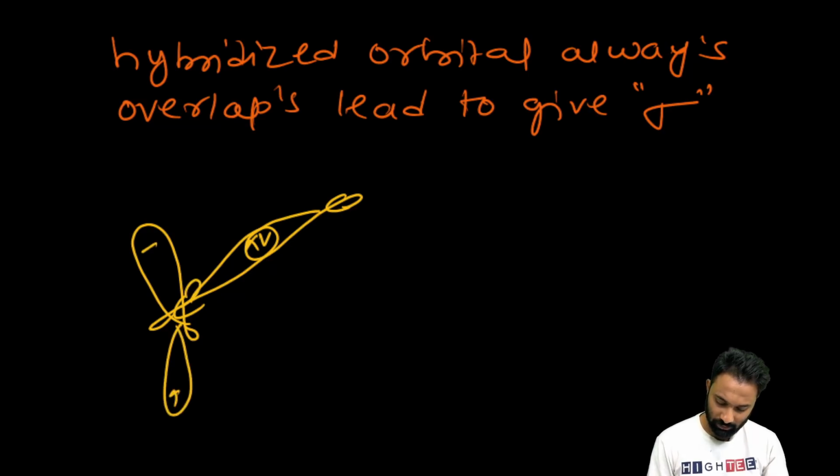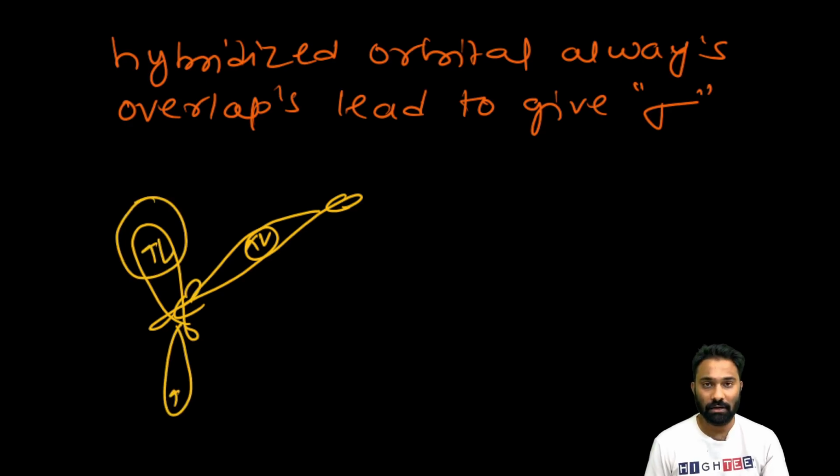Now here one electron will form a bond with the hydrogen. The same pattern will be repeated, and it will form in this manner.